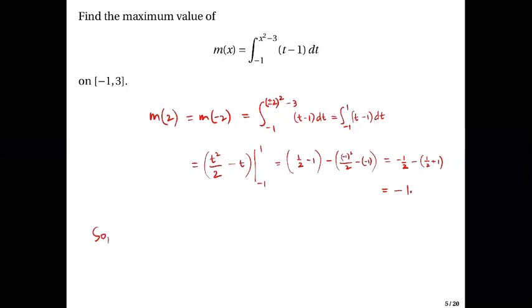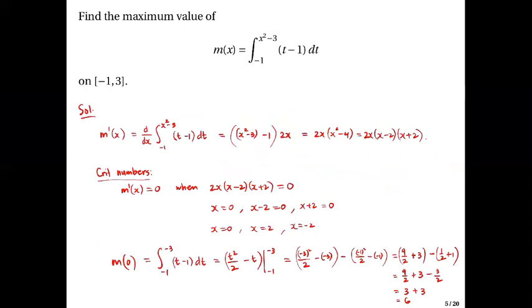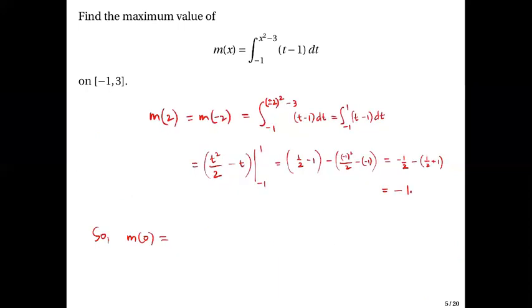So m of 0, we calculated to be positive 6. And m of negative 2, which is also equal to m of positive 2, we got as negative 1.